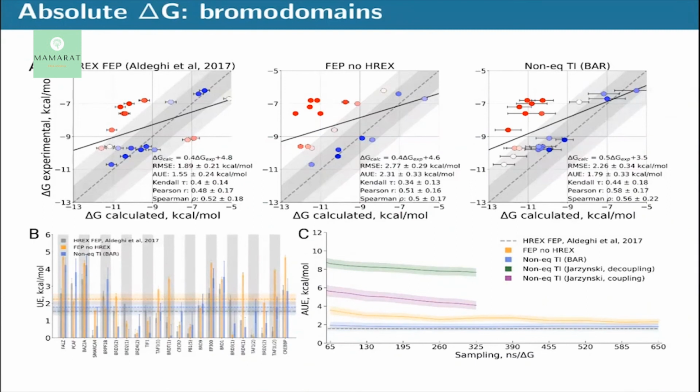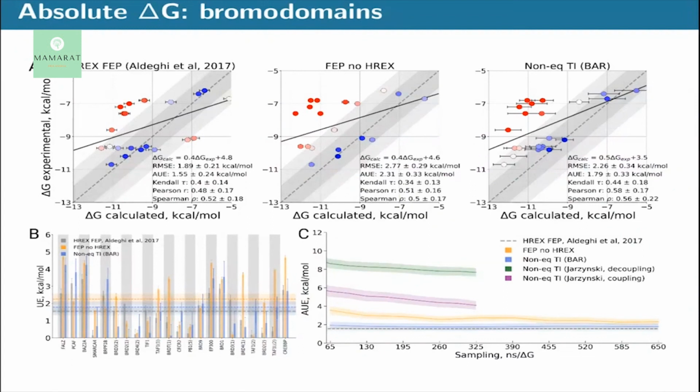We can also look at the breakdown by system of each of these energy estimations. But maybe it's more interesting to look at the convergence. So here in panel C, I'm showing the convergence, or rather the average unsigned error of all of these calculations, depending on the sampling time used per obtaining a single delta G value.